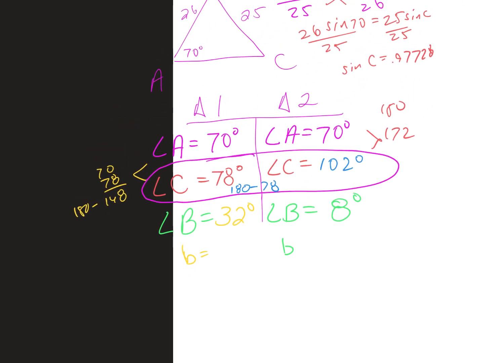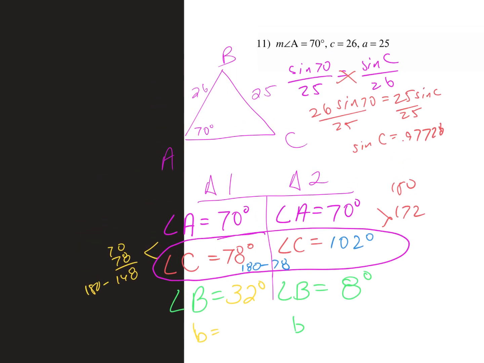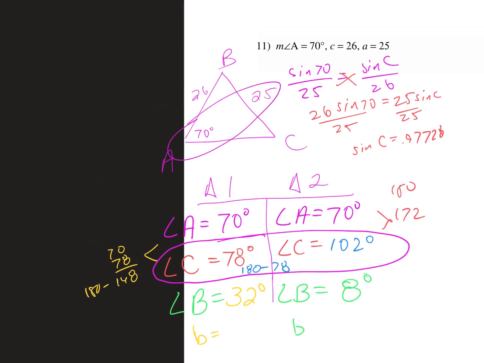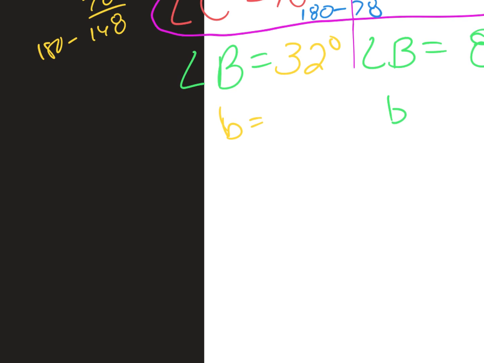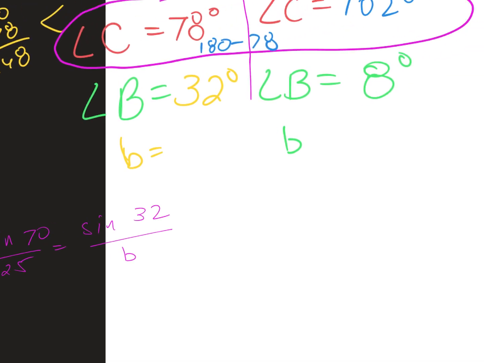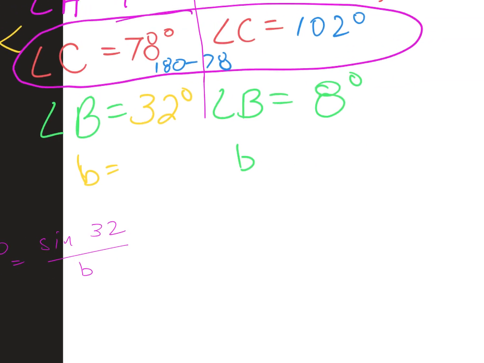So then you know you're going to have to find side B over here as well. So again, go back to your original law of sines proportion that you had. 70 degrees and 25. So on the left-hand side here, I'm going to say sine 70 over 25 equals sine of angle B in triangle 1, 32, over I don't know what the side is. In the second triangle, same thing, because whatever's given to you is true in both triangles.